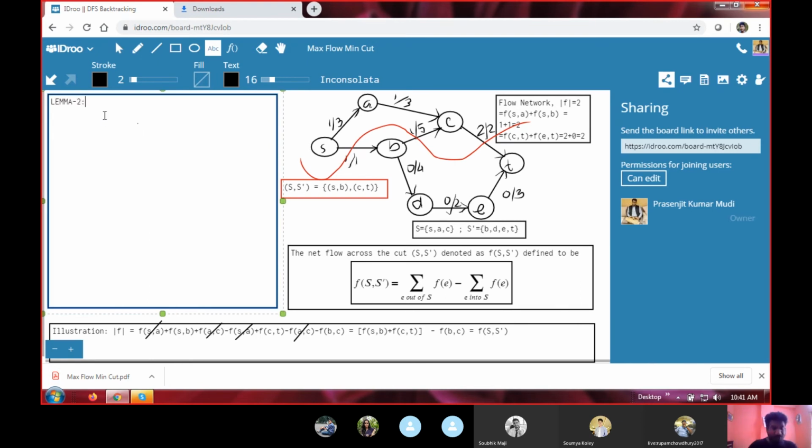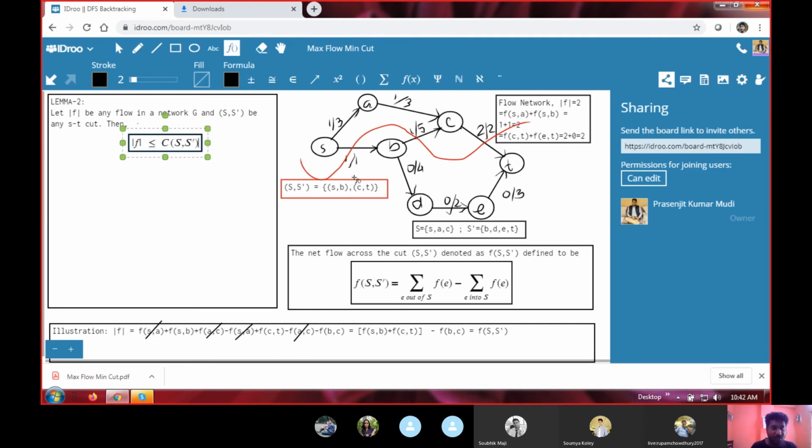So lemma 2: let f be any flow in a network G and S comma S prime be any ST cut, then we have a relation: mod f is less than or equal to the capacity of that cut, the ST cut, which is true.